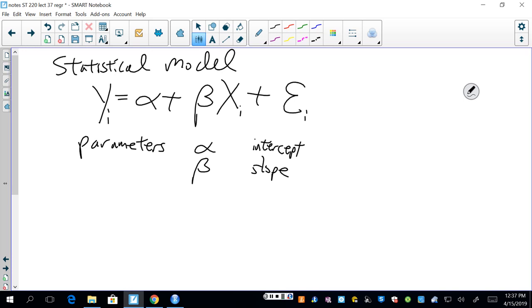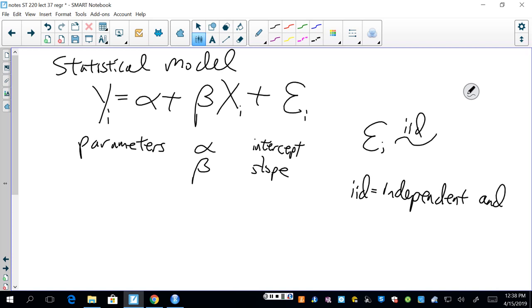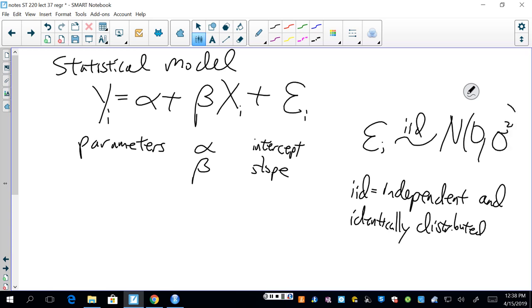These epsilons are supposed to be IID. IID is the standard acronym for independent and identically distributed, and it's normal, with a mean of 0 and some constant variance.